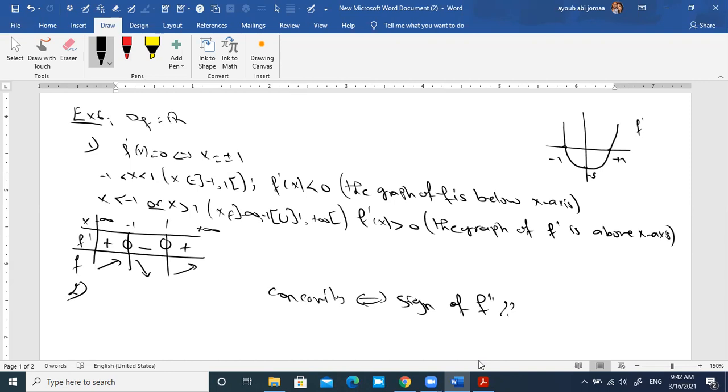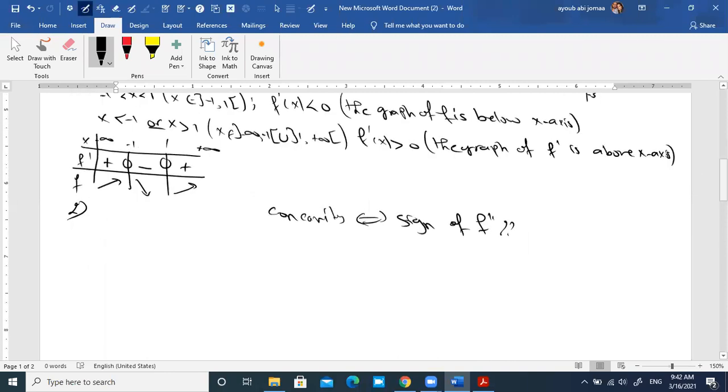Okay, and all I have is the graph of this f prime. Okay, let's go back to the idea. The function f is increasing, if the function is differentiable. If the function f is increasing, then what will be the sign of the derivative? Positive.